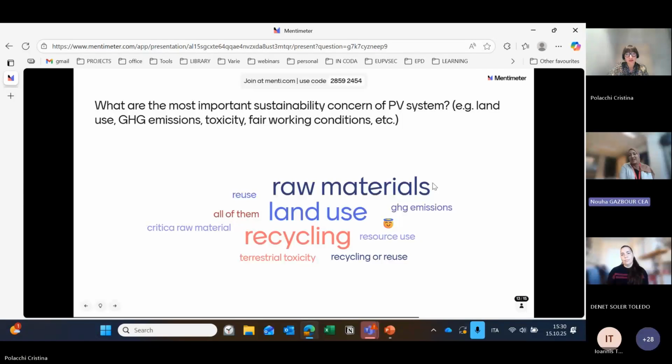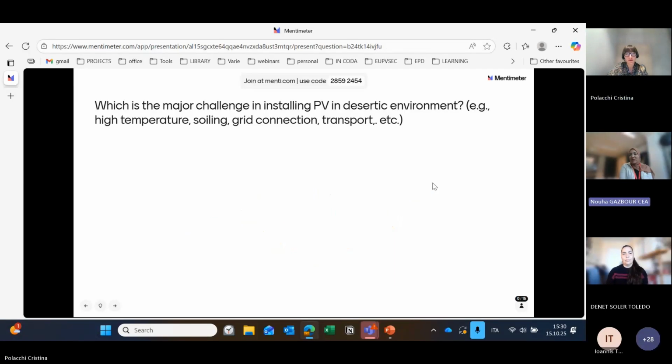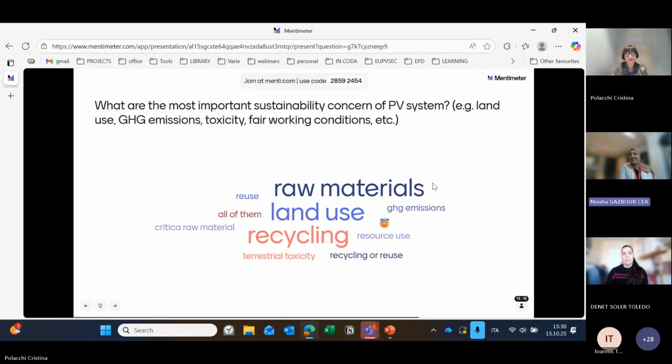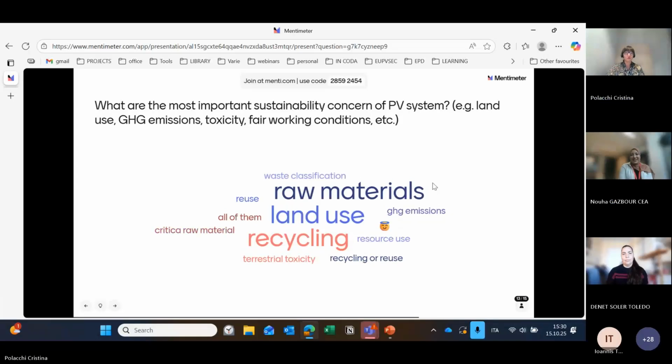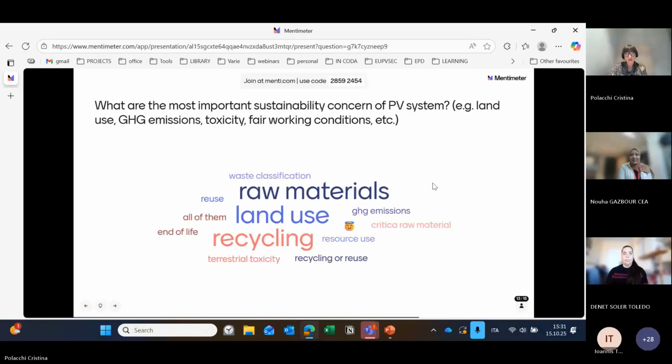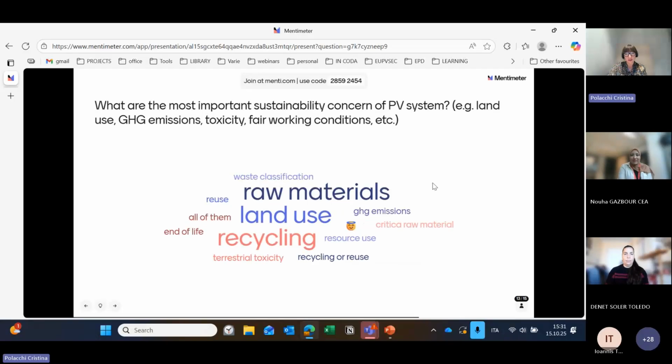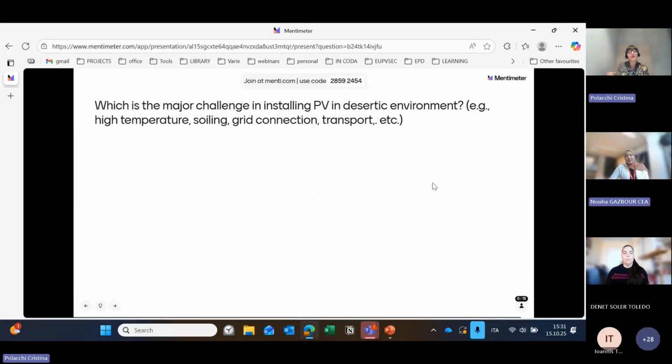You have three, let's say: raw material, land use, and recycling. Waste, water waste classification also. Interesting. Critical raw material. I think end of life. I think we are aligned. Yeah, we are aligned definitely.